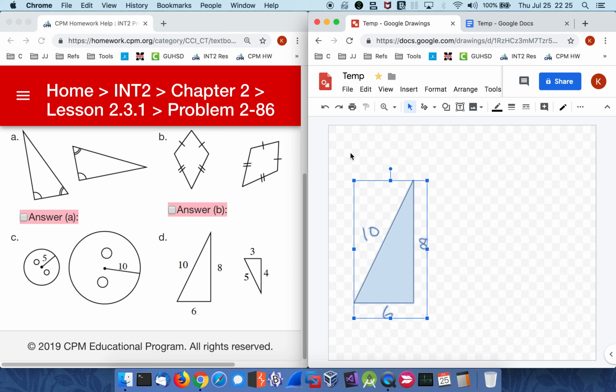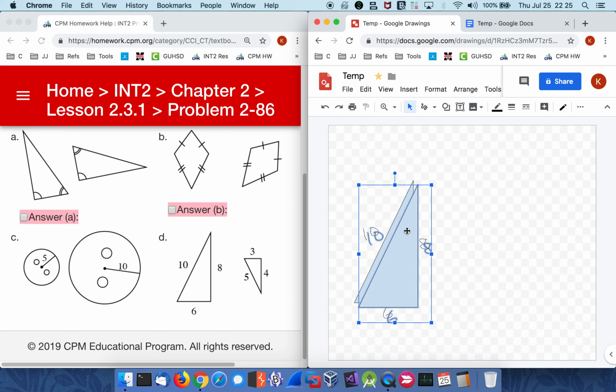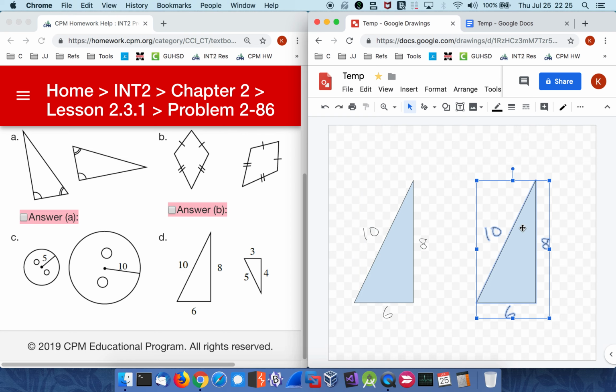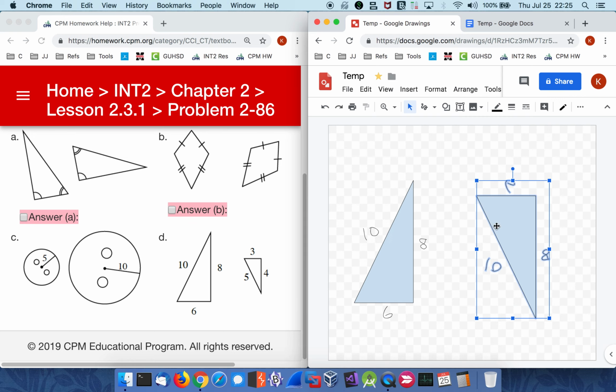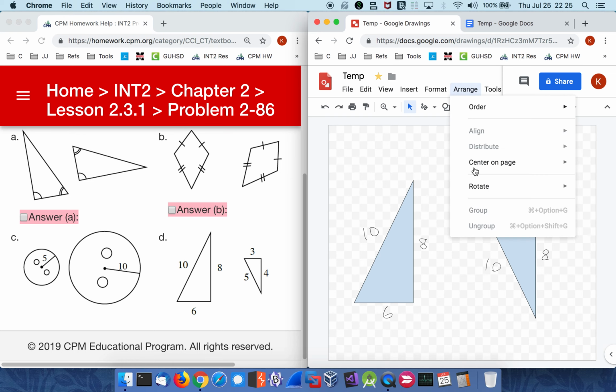So let's just see here. If I have that, I'm going to want to translate it over, right? And then I'm going to want to reflect it vertically, right? And then since this is supposed to be a 6, well, hard to read, but that's supposed to be a 6.